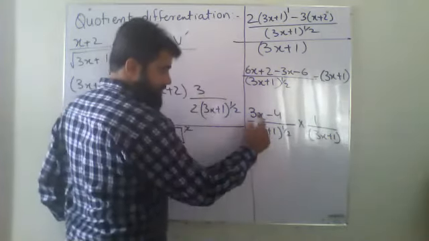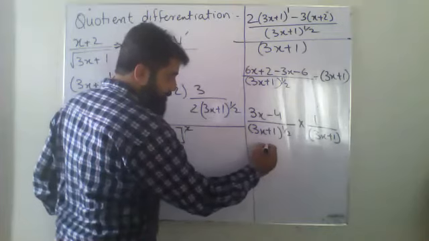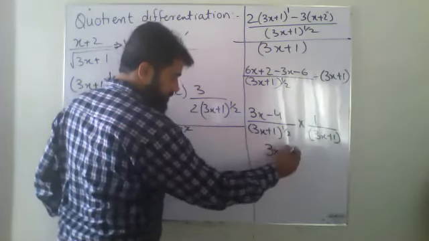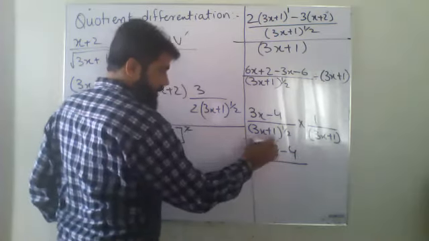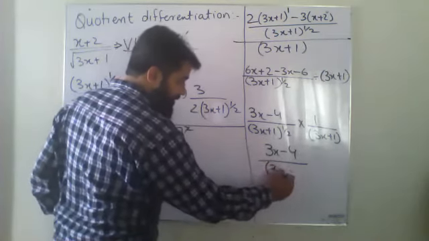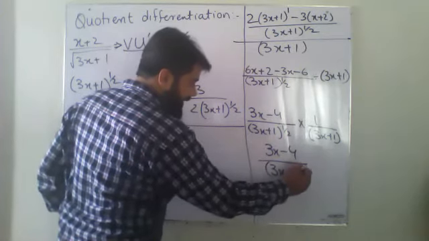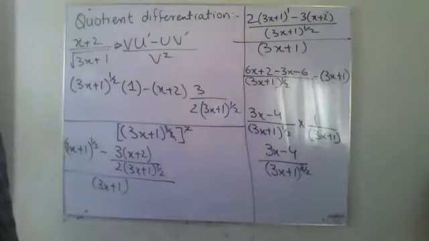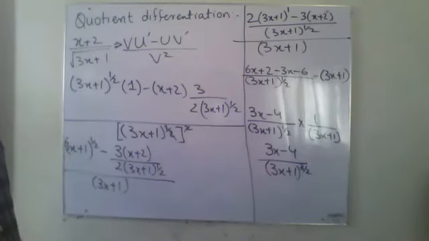Same bases. Now numerator will be multiplied by numerator, 3x minus 4, and denominator will be multiplied by denominator. So bases are same, powers will be added, and we will have this as your answer.